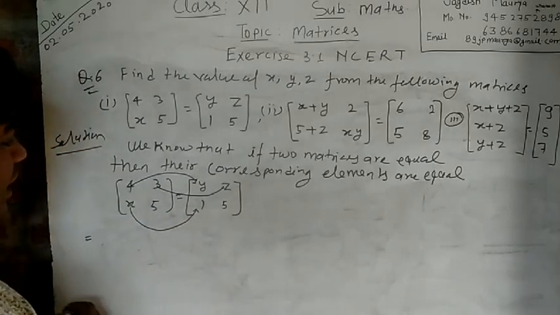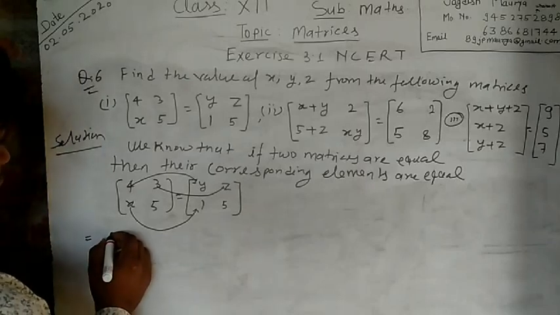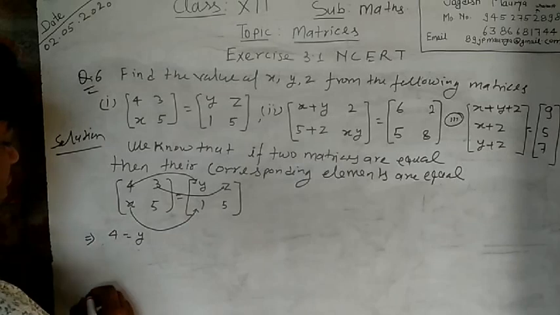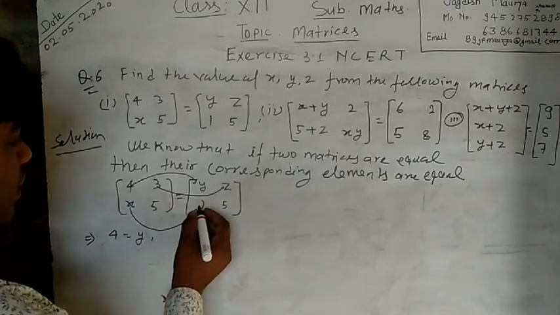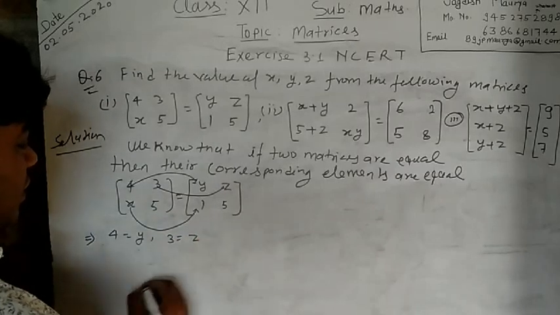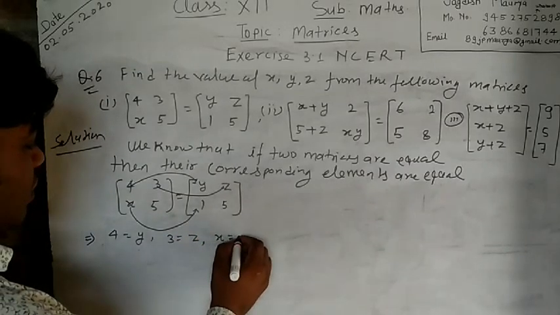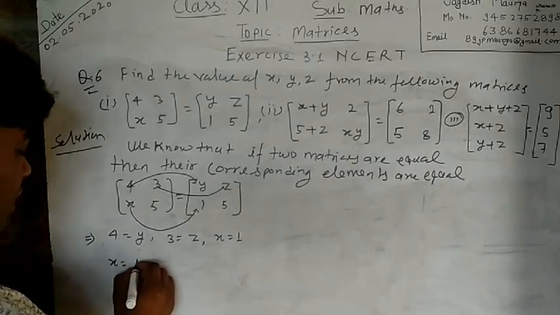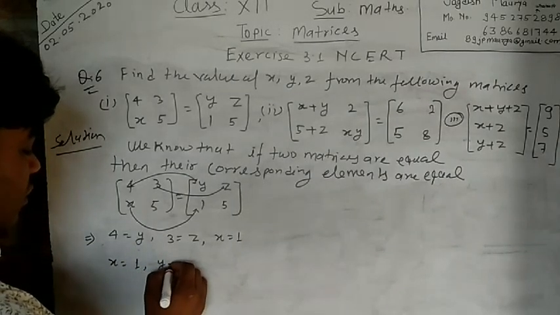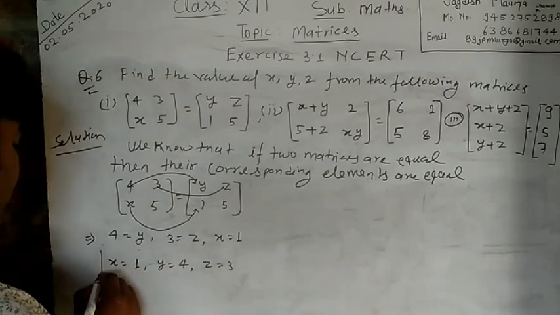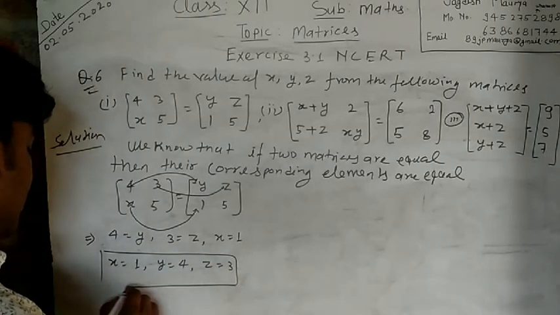This implies that 4 equal to y, 3 equal to z and x equal to 1. Hence the answer is x equal to 1, y equal to 4 and z equal to 3. This is the answer.